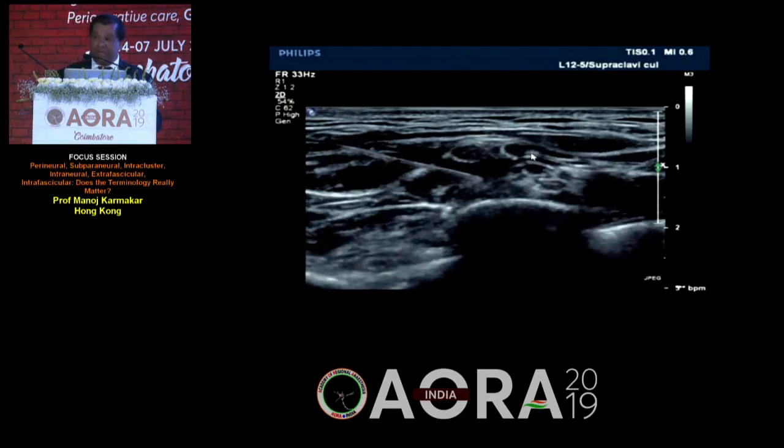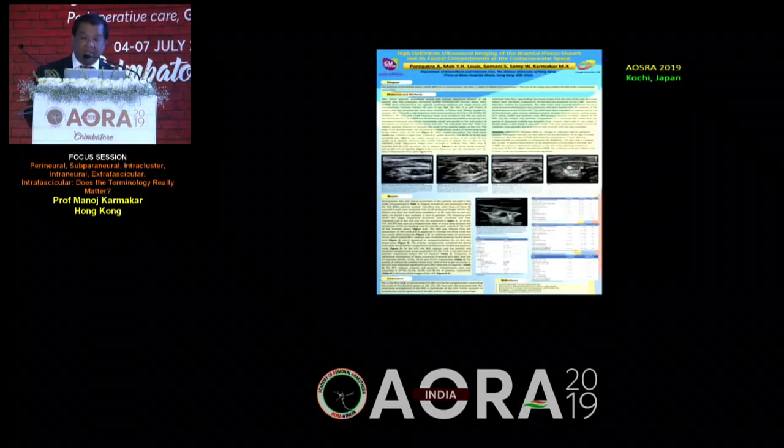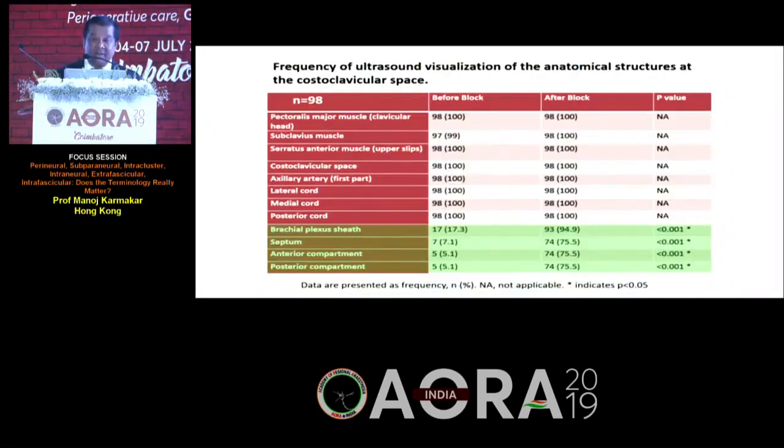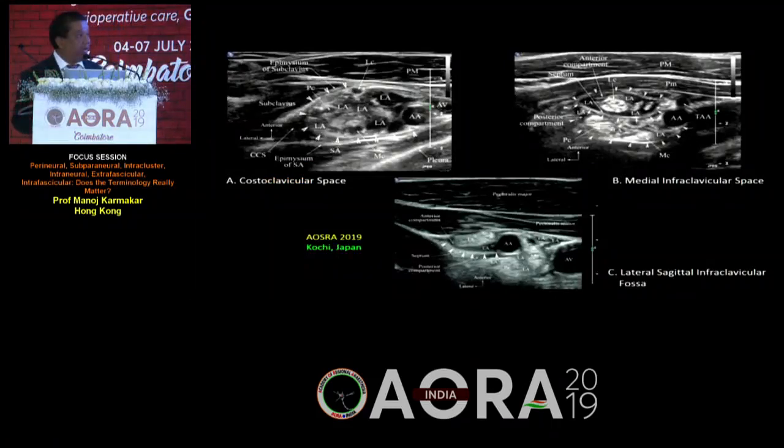The last few slides are just to illustrate to you that this structure actually exists, and we've demonstrated in post-injection images that this brachial plexus sheath exists not only in the costoclavicular space, it also exists in the medial infraclavicular space. It also exists in the lateral sagittal infraclavicular space.